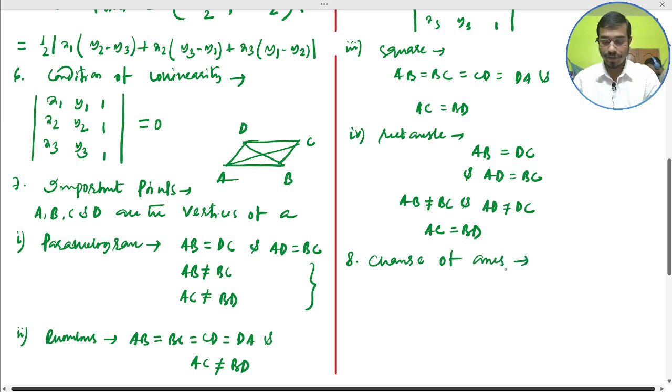Change of axis. First, rotation of axis.